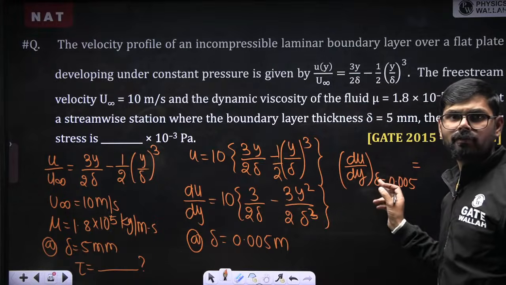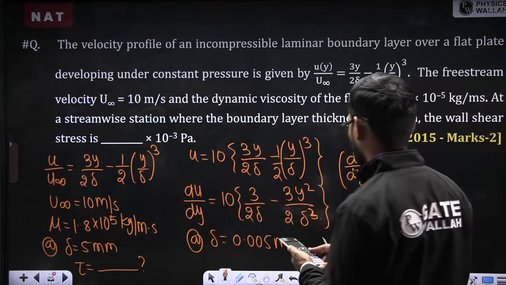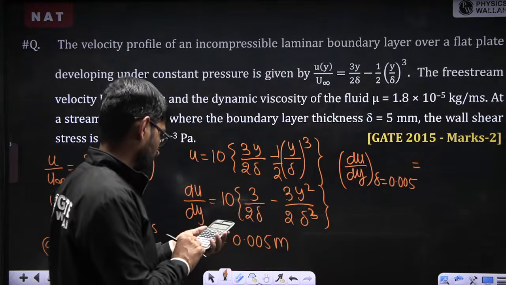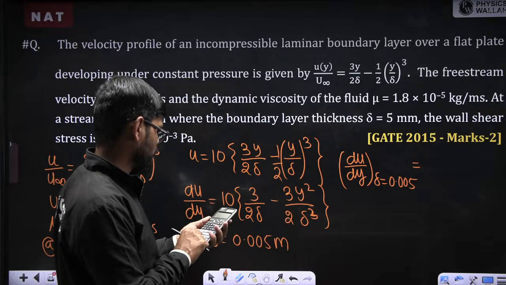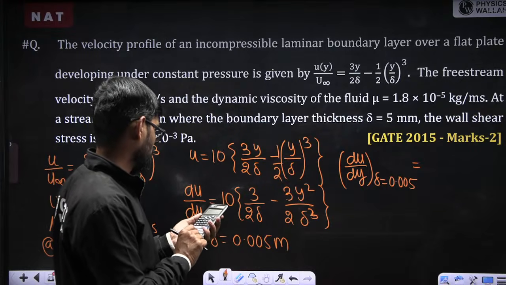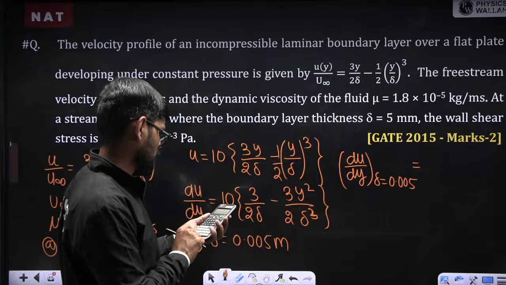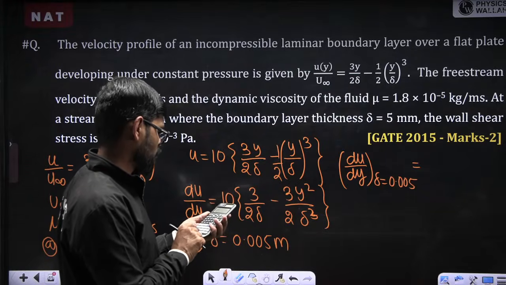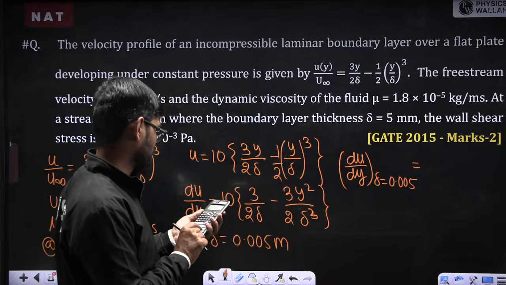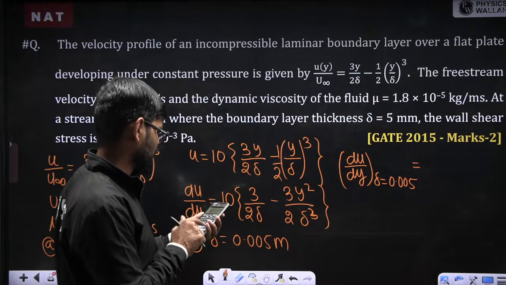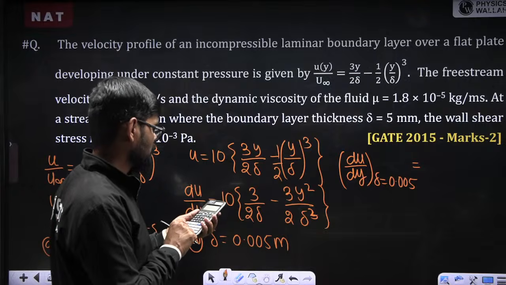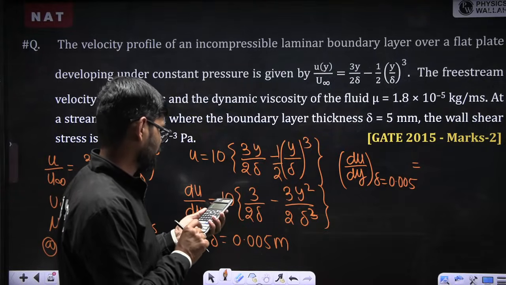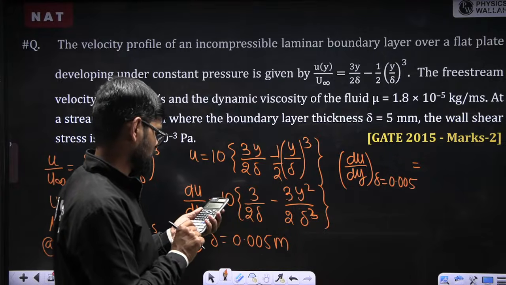What is the value of this? Well, let me calculate for you. So 2 into 0.005, अरे कैलकुलेटर को क्या हो गया है, 2 into 0.005, 3 by delta.